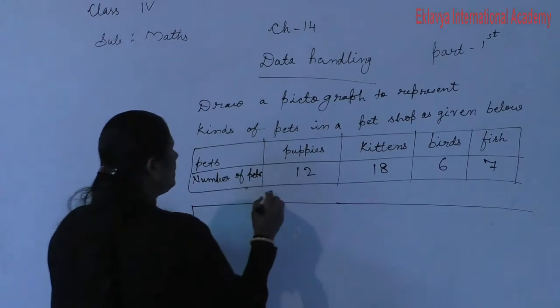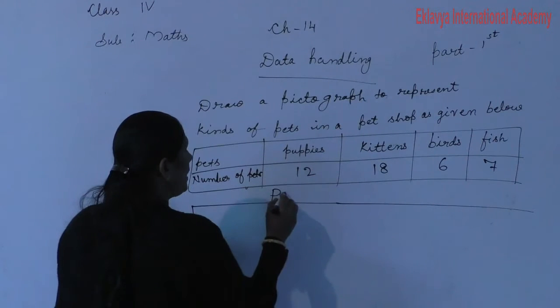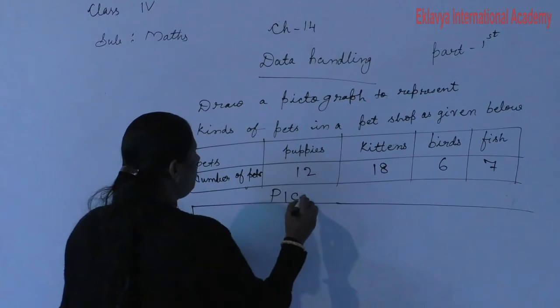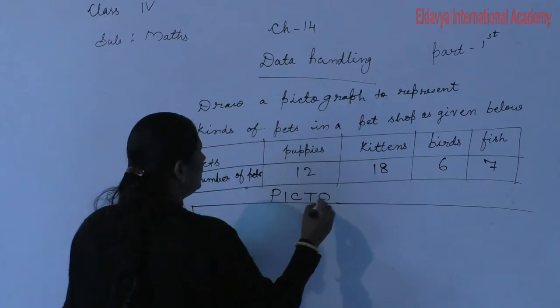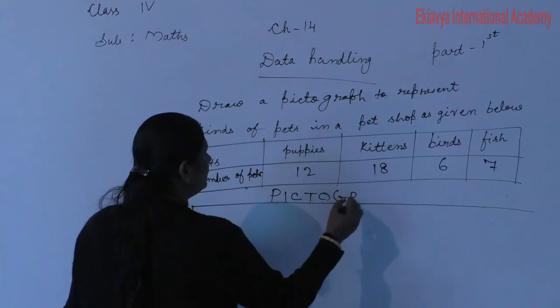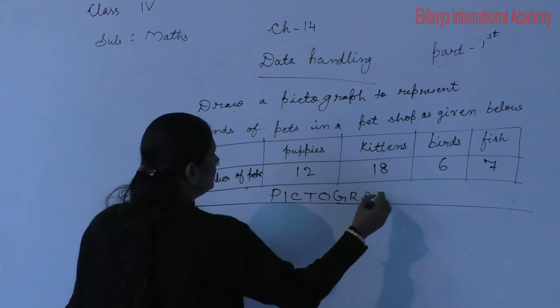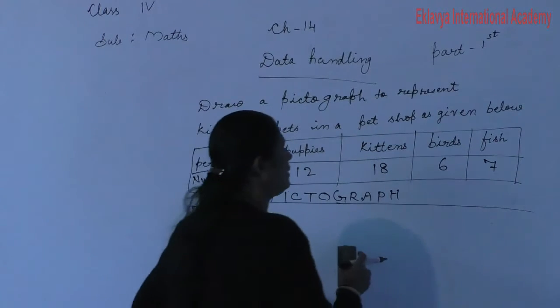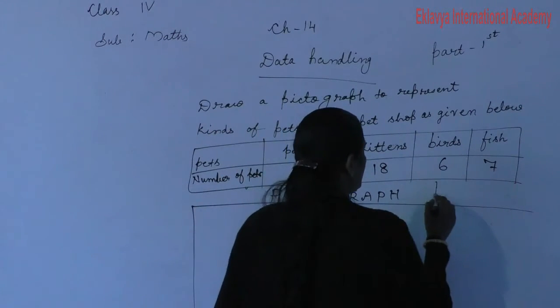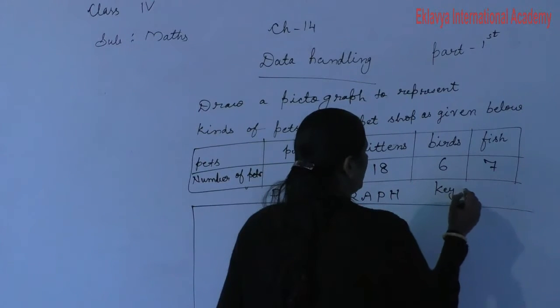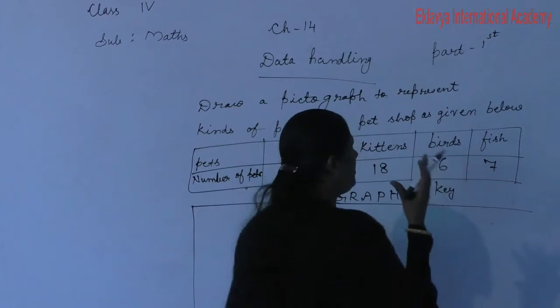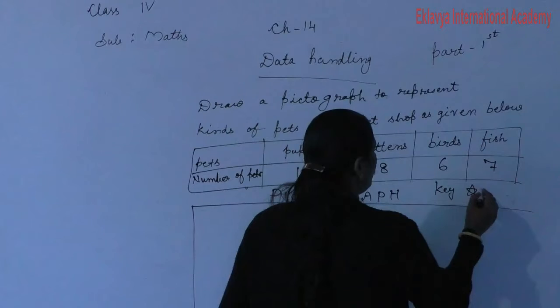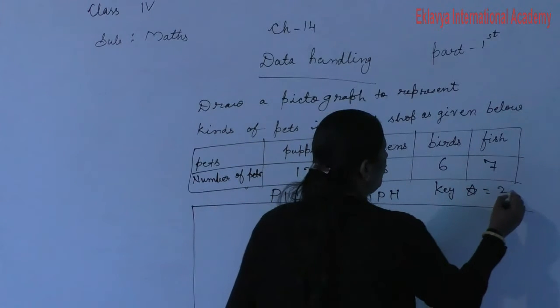First we write the word pictograph in capital letters. Then on the upper side you write the key. I take the picture as a star: one star is equal to two pets.